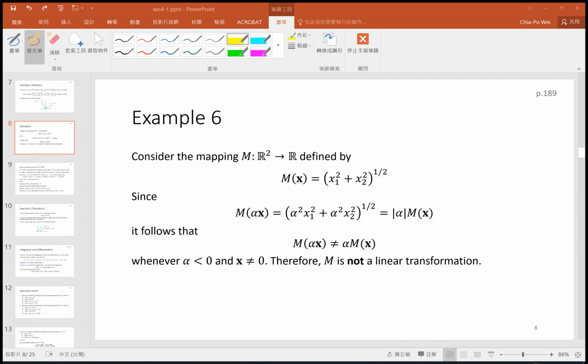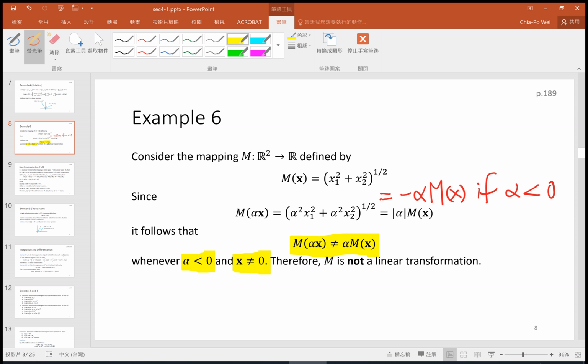Now we are ready to show that the homogeneity property is not satisfied for some alpha and some x. It is straightforward to see that if alpha is negative, then M of alpha x becomes minus alpha times M of x, and therefore M of alpha x is not equal to alpha times M of x whenever alpha is negative and x is not the zero vector.